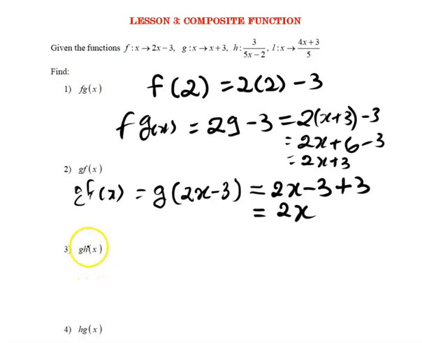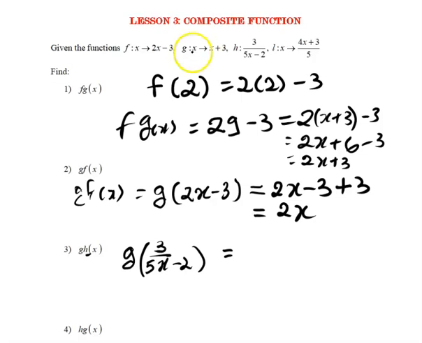g h of x. What does that mean? I take h, I replace wherever there is x in g. Okay? Or I use any approach. Let's say h is the image. We have 3 over 5x minus 2. What is the function g saying?